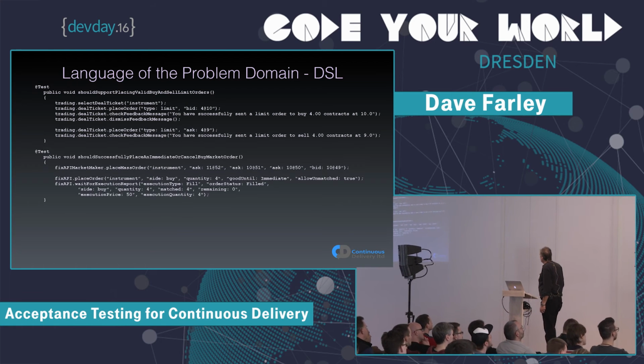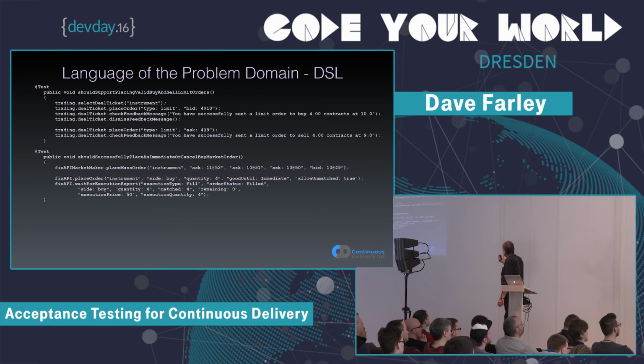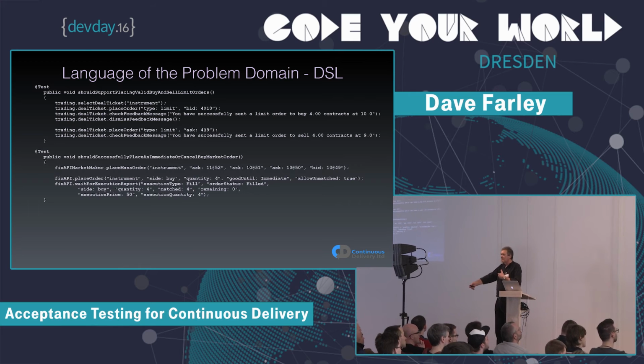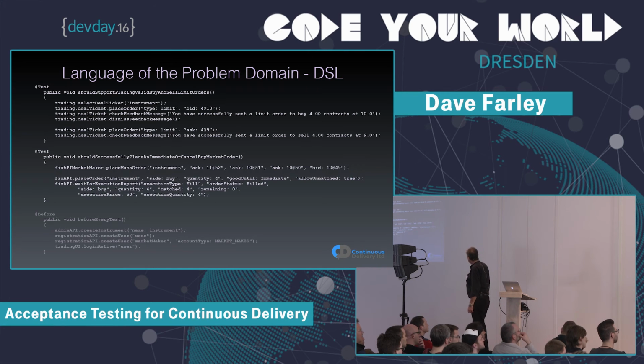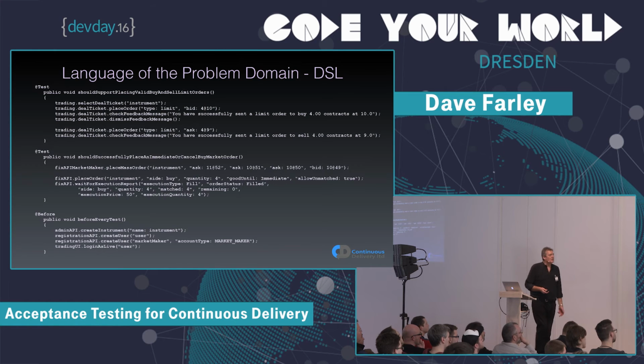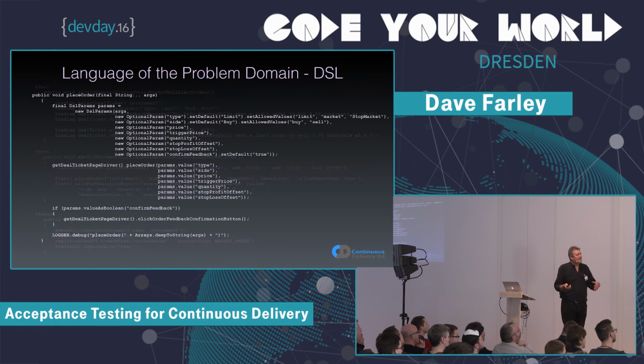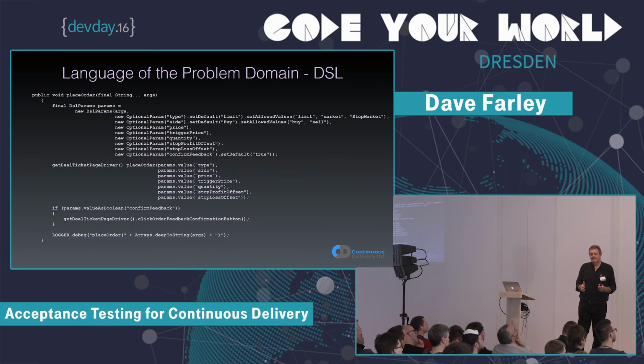Here's another example. The first one's through the public user interface to a system, the second one's through the FIX API. I think of REST, it's close enough. Here's the setup for this. So we're creating some accounts, and we're creating a market in which to trade as part of our functional isolation. Behind the scenes, our domain-specific language is doing more for us.